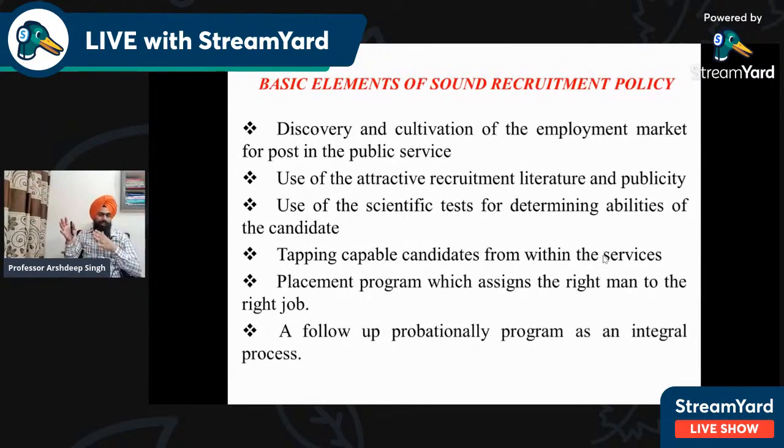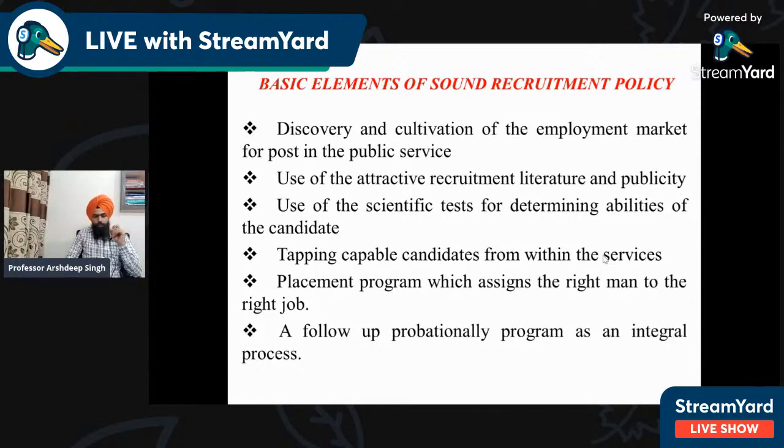He or she has cleared the theoretical test, but it is possible that the practical knowledge is poor. So nowadays nursing organizations and the government are conducting both the theoretical as well as the practical test. That was the example of the scientific test for determining abilities, and it is necessary to perform these tests to determine the abilities of the candidate.